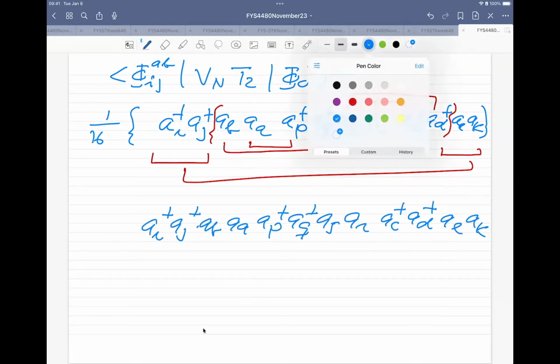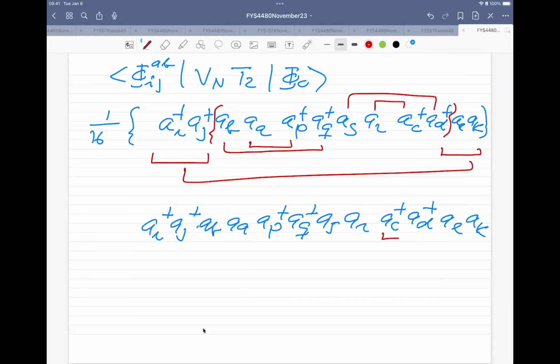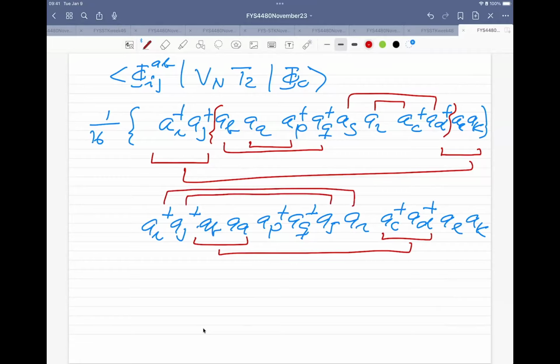So what we are doing now is simply to let the two particle states be unaffected by the interaction. So they are just contracted with themselves. That means that we need to have the hole states act together here. And that means also that this has to match these two in one way or the other.